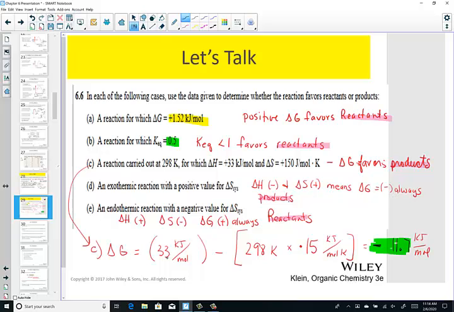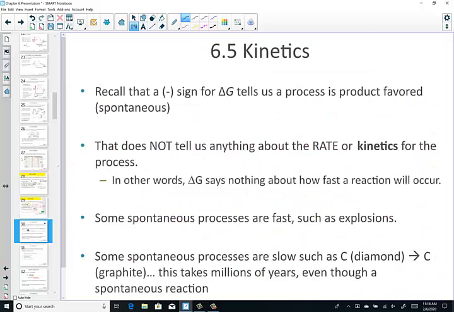And so I just want you to think about letter D. It's going to favor the product side because we have a positive entropy and we have an exothermic reaction. And then finally, the endothermic process, what a negative value, and you'll say that that's never spontaneous. And I bet for letter E, you wrote that that was also favoring the reactants. Good work. Blast from the past of Gen Chem 2.